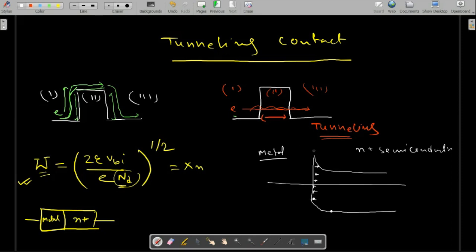Now we have a very narrow, very thin depletion layer, this much, W, the depletion layer. So can you tell me this band diagram is related to which type of contact? This energy band diagram is related to which type of contact?